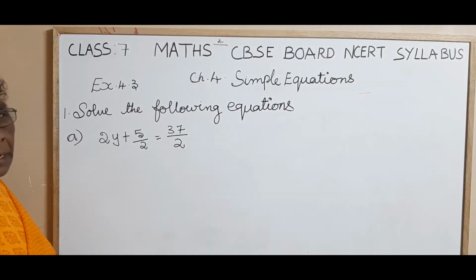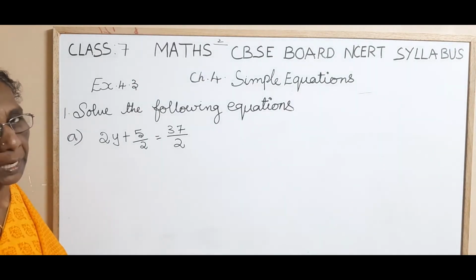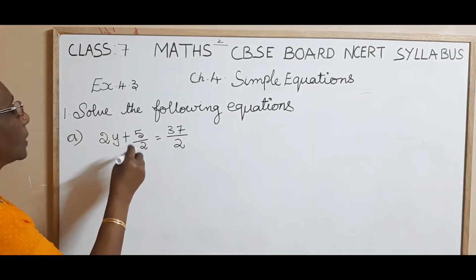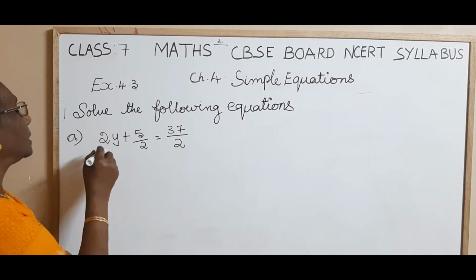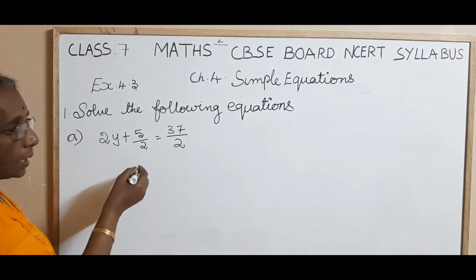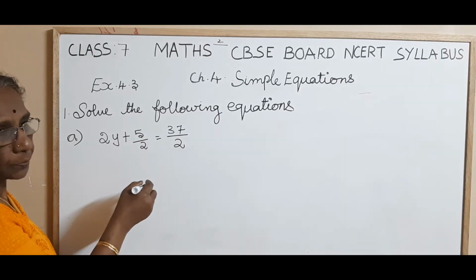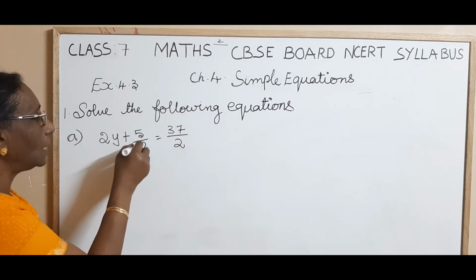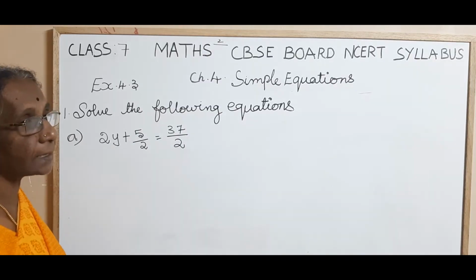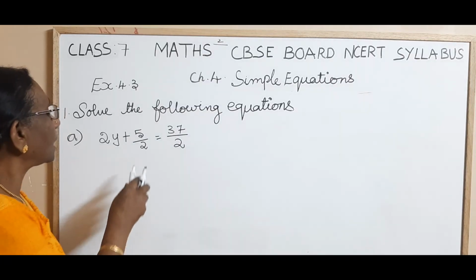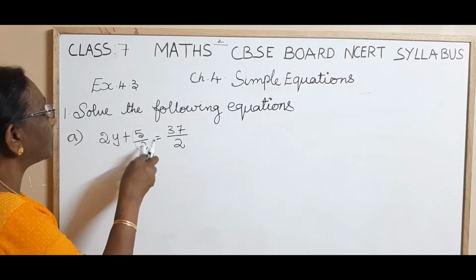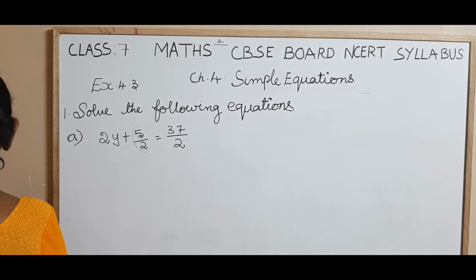Here first we have to eliminate the addition constant. What is the constant connected with the variable by addition? Here it is 5 by 2. So we have to eliminate this 5 by 2 first.